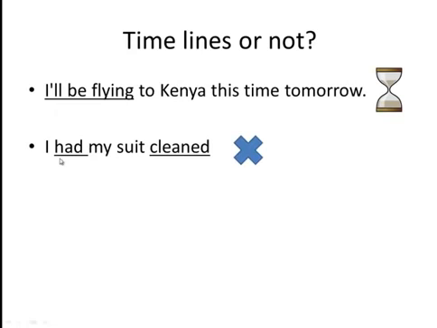So it could be, I will have my suit cleaned, I am having my suit cleaned, I have had my suit cleaned. Okay, so it could be at different times, and the crux of the meaning of this one is more about, I didn't do the cleaning, somebody else did it, and I arranged for it to be done. Okay, so with this one, a timeline isn't helpful.